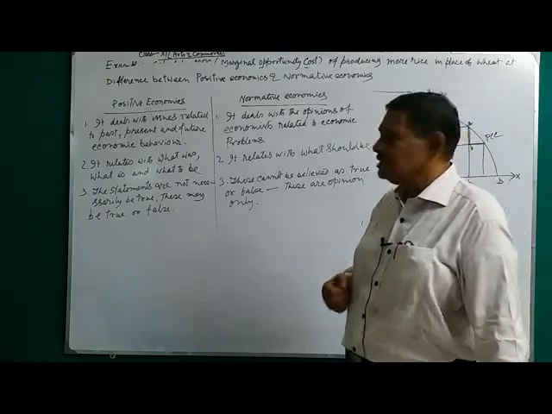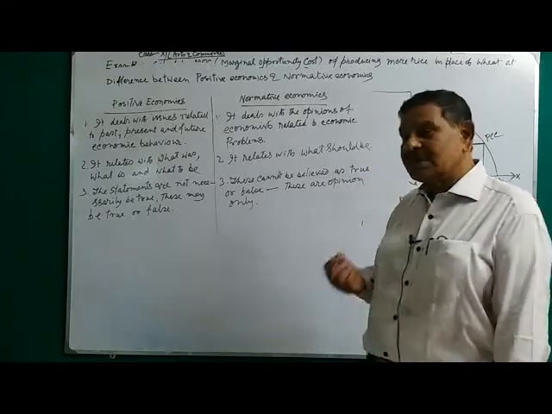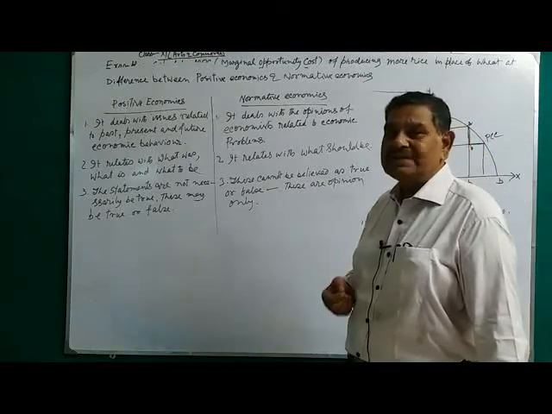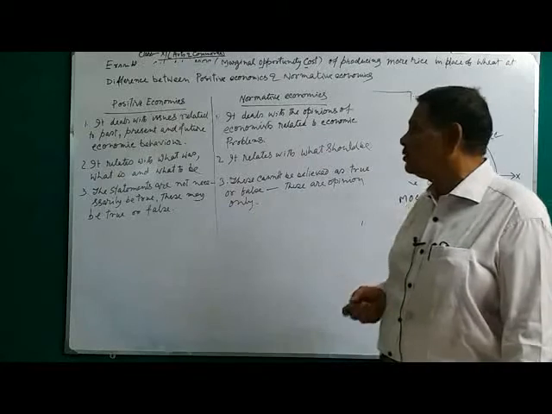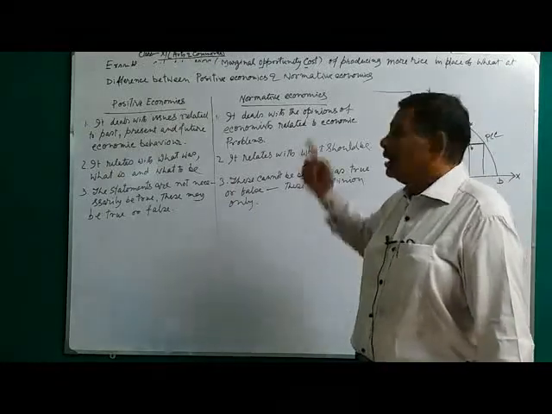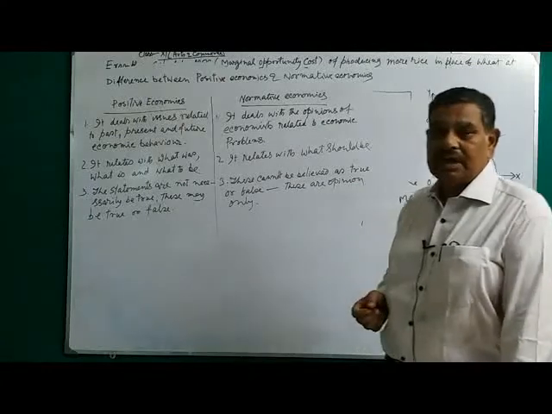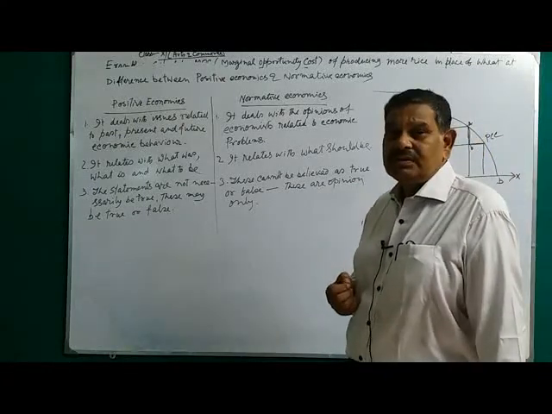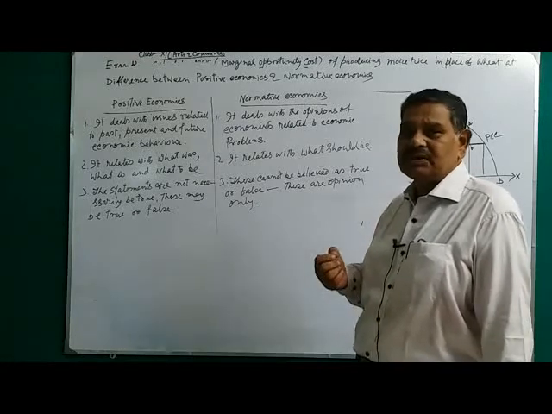What is the position now, and what was the position of the economy, and how we can improve and change our economy. Under normative economics, it relates with what should be. We are not considering the past, present, or anything, only what should be.